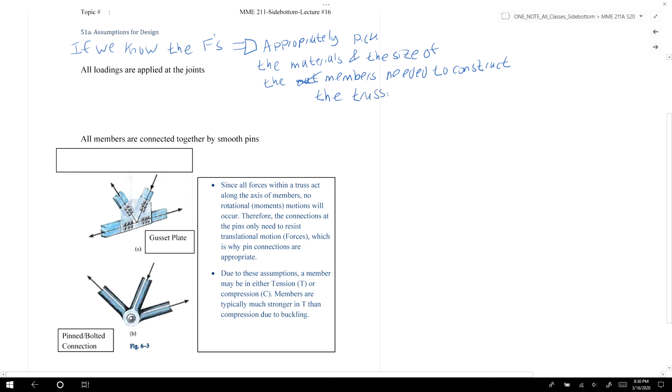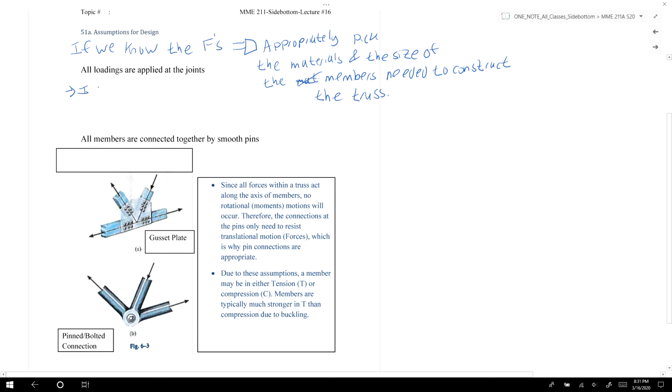For a truss, we're going to make some assumptions that will simplify our analysis. The first assumption is that all loading will be applied at the joints. We can have two cases.